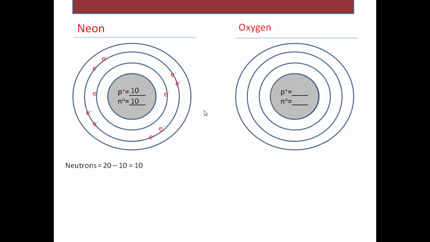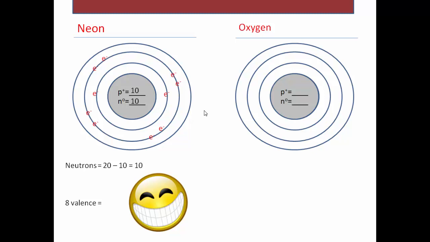And what's that name for that outside ring? Yes, that's the valence ring, which means those are valence electrons. And if it has 8 valence electrons, what's our rule? Yes, it's happy. It's the octet rule. We want that 8 valence electrons.